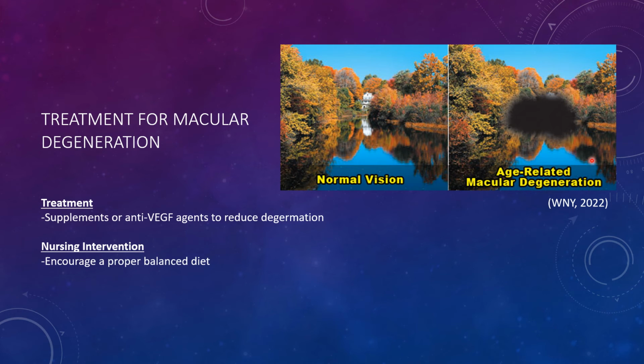And this is what a person with macular degeneration can see. You see they have a loss of central, but they can see everything around it. There's a treatment such as supplements or an anti-VEGF agent, which reduces the progression of macular degeneration. We can also encourage a balanced diet for understanding intervention. Diet is everything with the eyes.